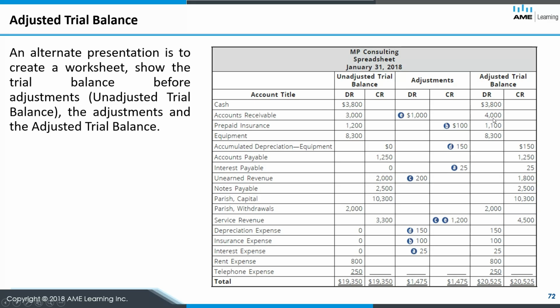In accounts receivable, for example, we had an extra $1,000 we needed to record, and our adjusting entry increased accounts receivable by 1,000. We start with a debit. We're increasing that accounts receivable with a debit, so you end up at 4,000 there. See that? Something like unearned revenue, you start with a credit balance, it's a liability, so a $2,000 credit balance. Our adjusting entries, we realize, oh, we need to reduce unearned revenue by 200 and increase revenue.